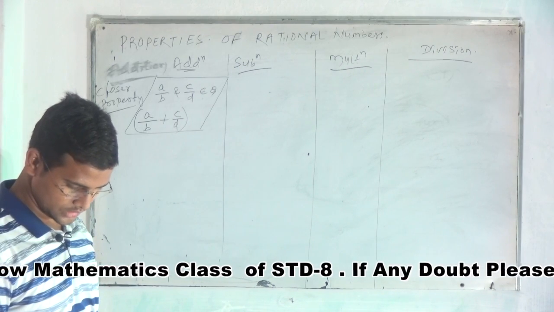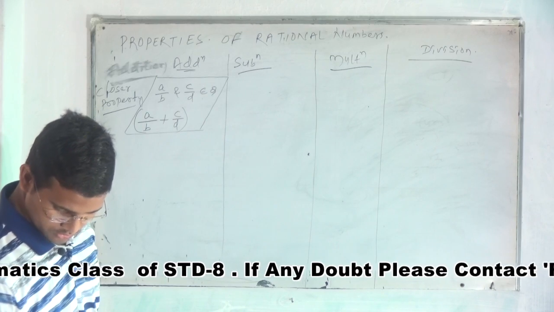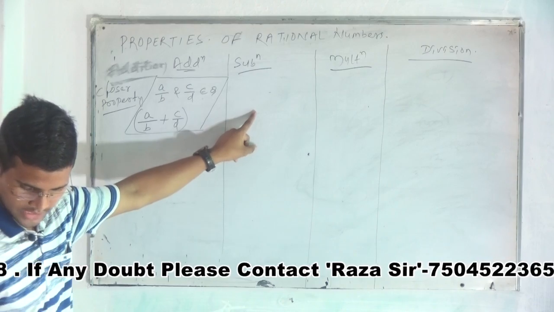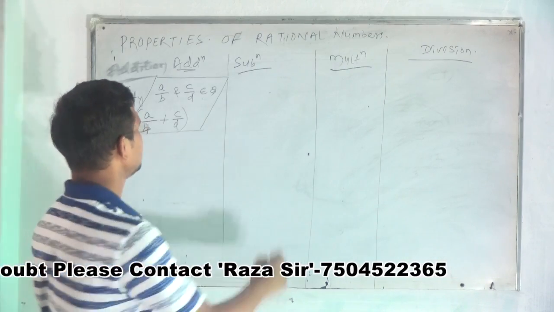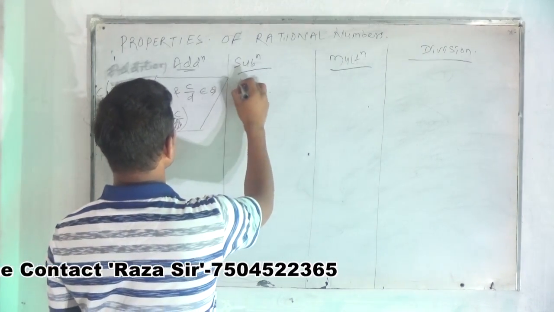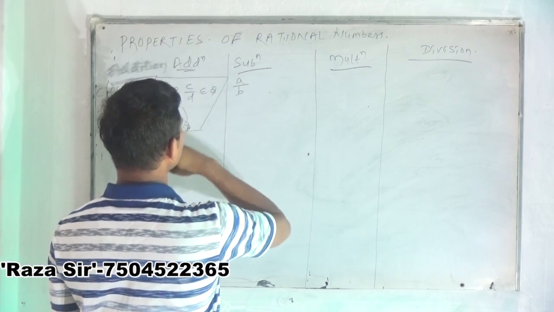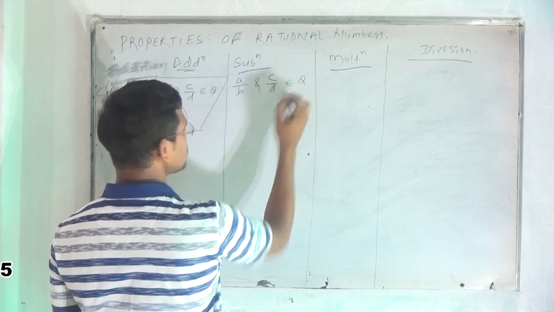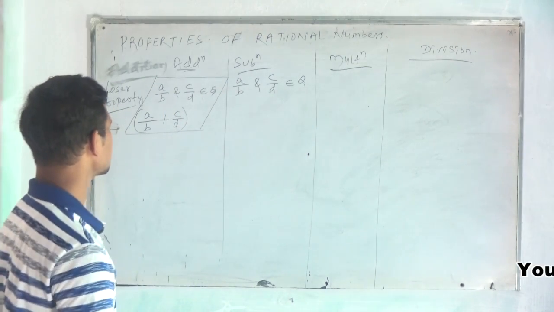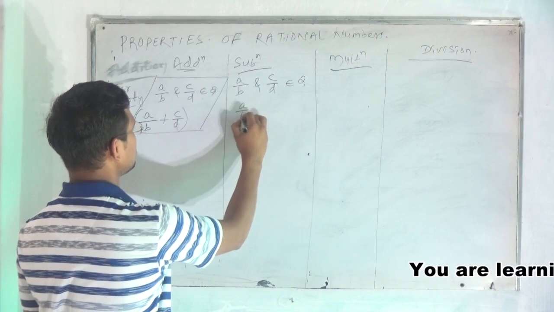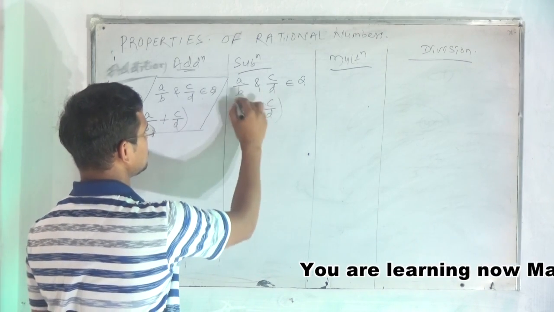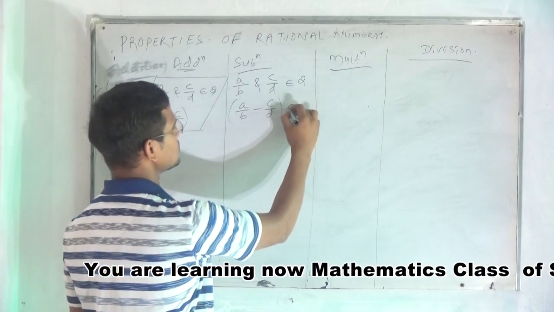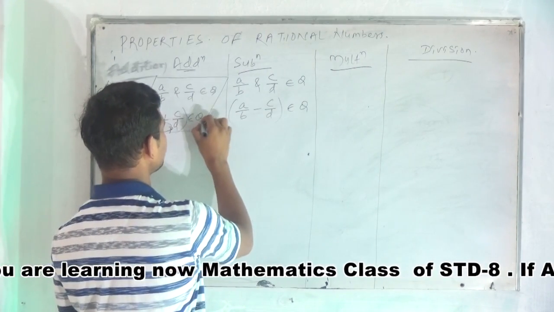Okay. Then come to the same property in subtraction. In the case of subtraction, if we take a by b and c by d belonging to Q, two rational numbers, their subtraction is also a rational number.